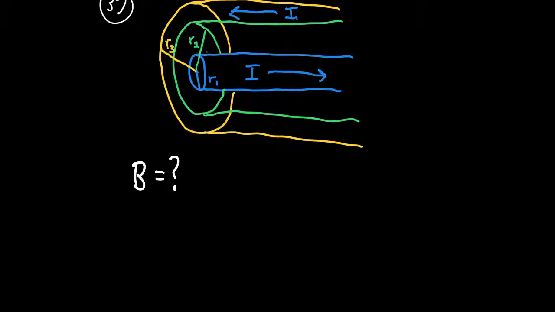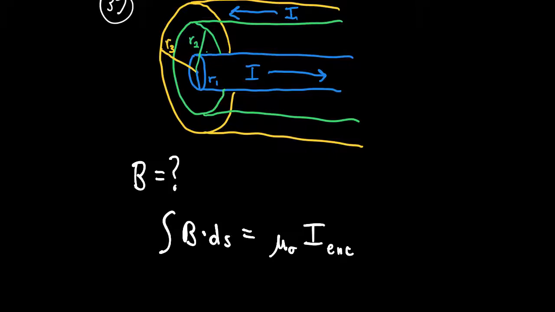Okay. So what is Ampere's law? Integral of B dot ds equals mu naught times I enclosed. And we're just going to repeat this again and again and again for every single region that we're inside of.